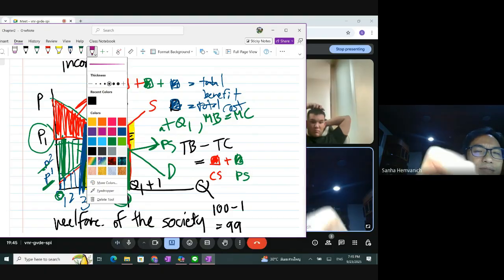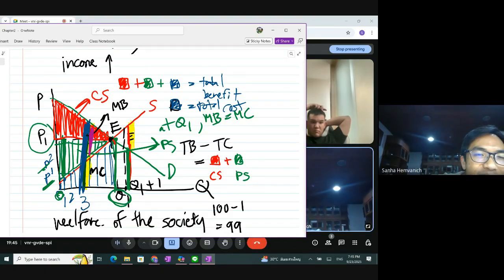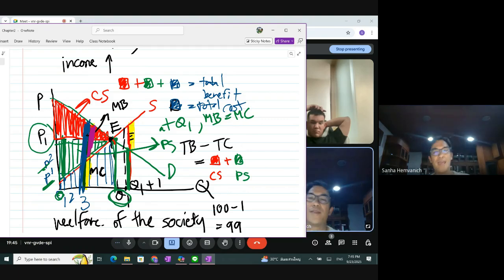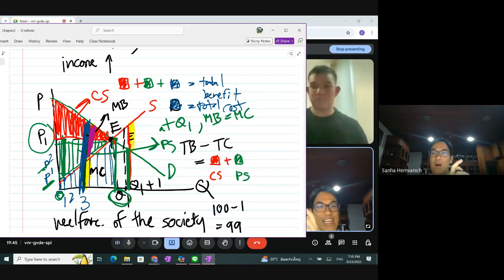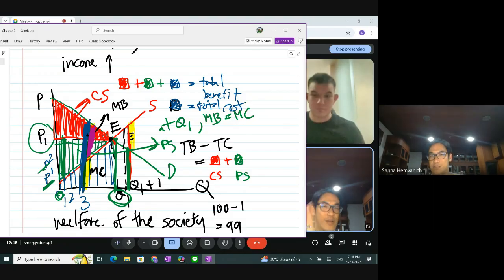So the pink is the difference between marginal benefit and marginal cost. The pink area is the benefit exceeding the cost, and you can see that the pink area is a part of consumer surplus and producer surplus.